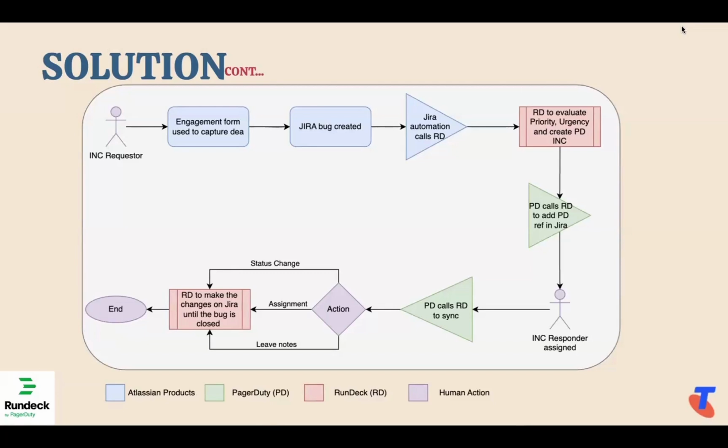PagerDuty then takes over incident assignment and notification. When an incident responder gets assigned, they essentially do three actions: they change the status, leave notes, or do an assignment, reassignment or escalation. All those interactions trigger a webhook from PagerDuty to Rundeck, which then reflects those changes that happened in PagerDuty into Jira.